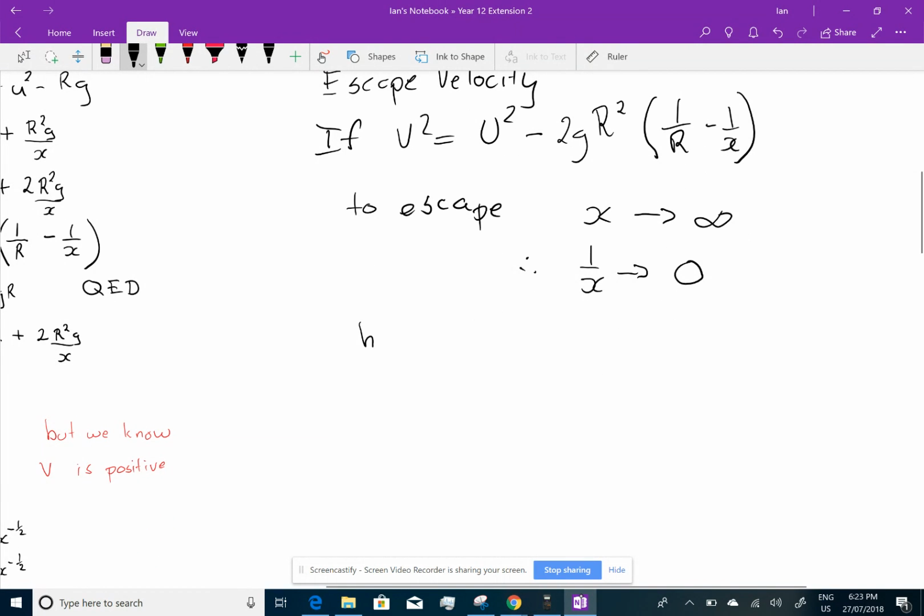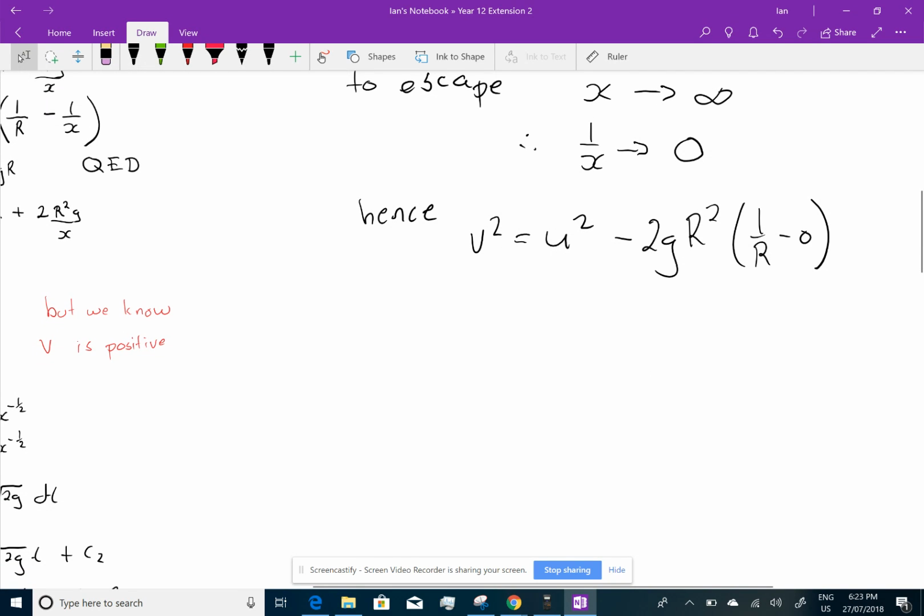Hence, v squared equals u squared minus 2g r squared 1 on r minus 0, which equals u squared minus 2g, 1r will cancel, so I've got r.